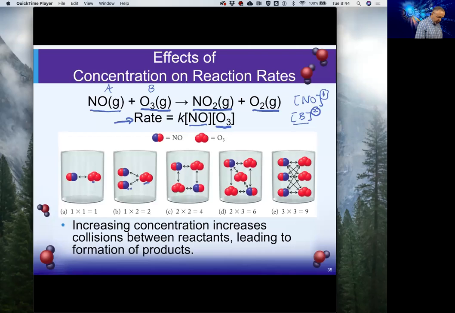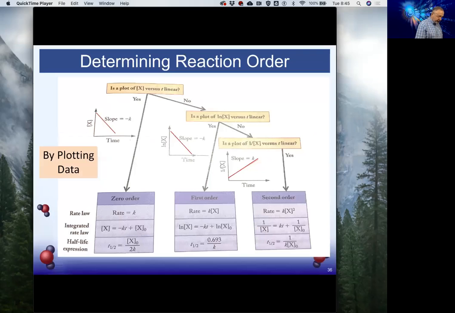So you have 2 and 2, then you have more probabilities of collision, and the more you have, the more probabilities of them colliding. As a result, it increases the number of collisions. And that's something we discussed earlier, and that's central. As I mentioned before, that concept is central to understanding kinetics.